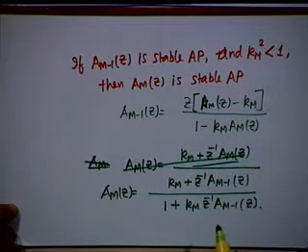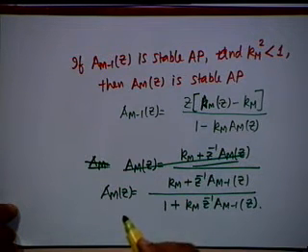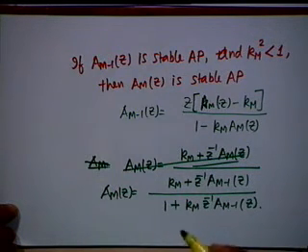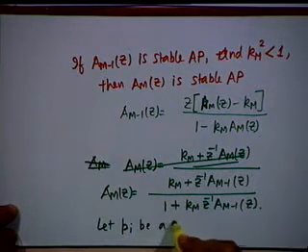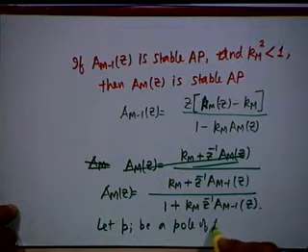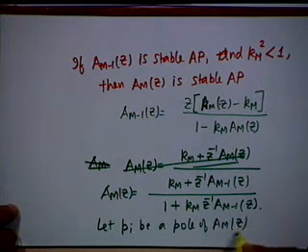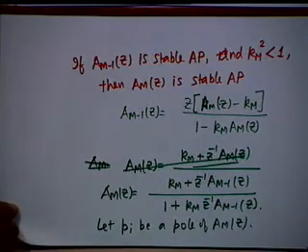Agreed? What did we assume? Did we assume the poles of A_M? Did we put a symbol? No. Let p_i be a pole of A_M(z). How many? Capital M number.